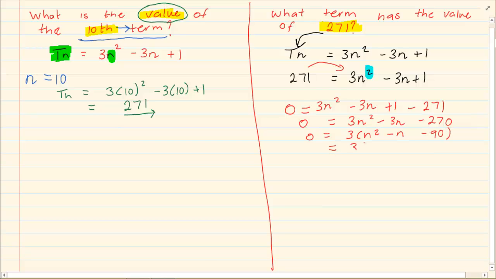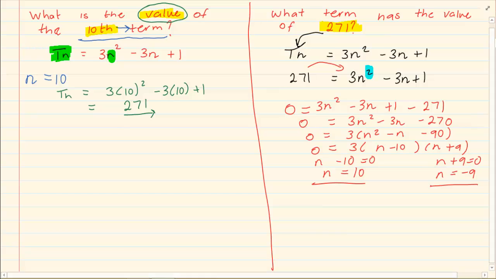Now after this, you can either use your calculator or you can use the bracket method. It doesn't matter which method you use, but you have to factorize. So we have n minus 10 is equal to 0 and n plus 9 is equal to 0. So our final answer is n is equal to 10 or n is equal to minus 9.